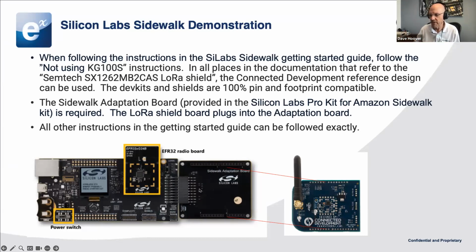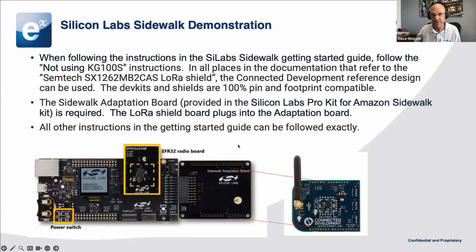There's an adapter board that's provided with a Pro Kit from Silicon Labs that you plug into the dev kit. This is the dev kit from Silicon Labs here. You plug in the adapter board. The MCU in this case is a daughter card that plugs into that dev kit. And then the actual radio board plugs into that adapter board. Again, it's got that Arduino footprint right there. Just plug it in, off you go. You've got everything you need from a hardware perspective.